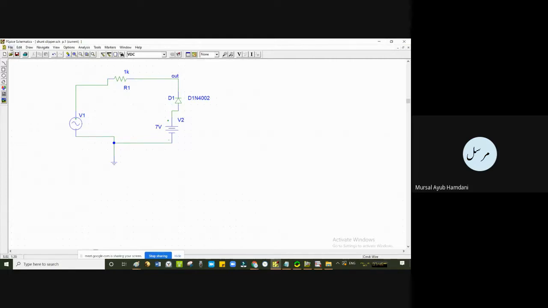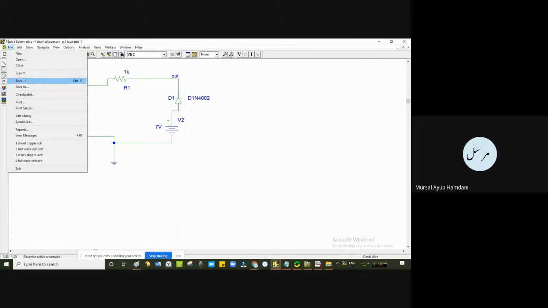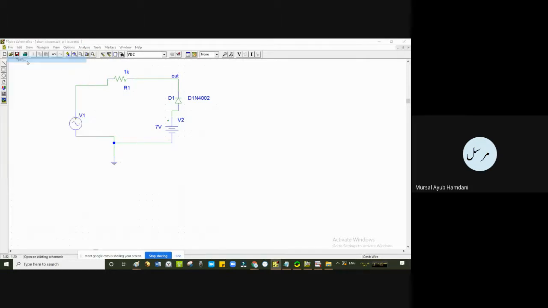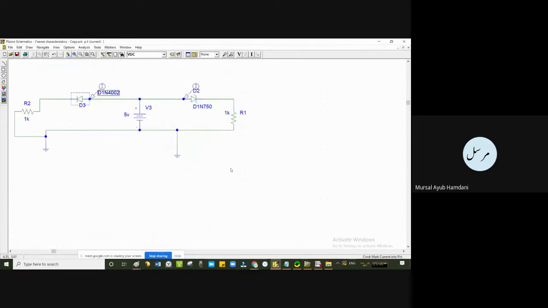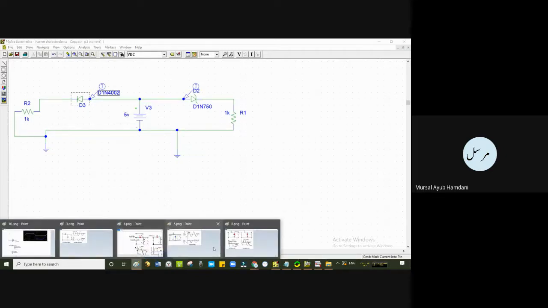So now first let us see its VI characteristics. For that let me open an example that I have made, Zener characteristics. Now here we have two portions. Let me now make this circuit here.